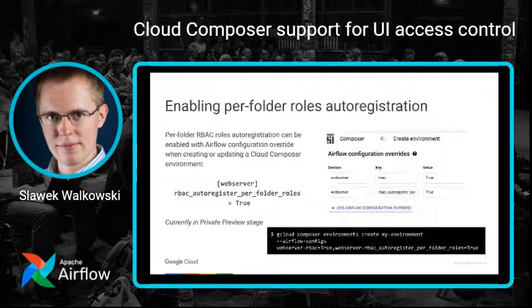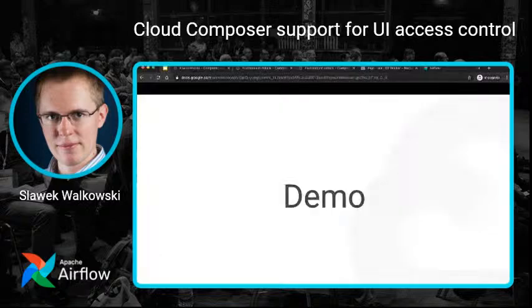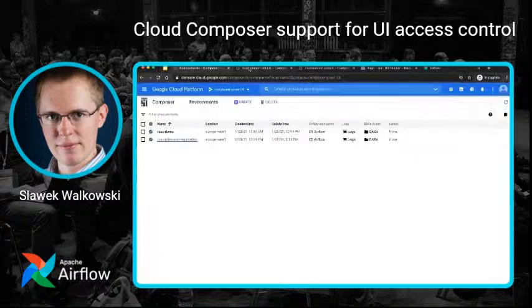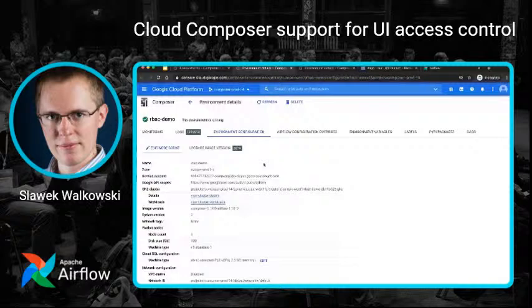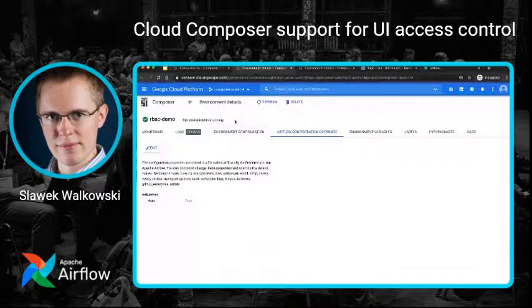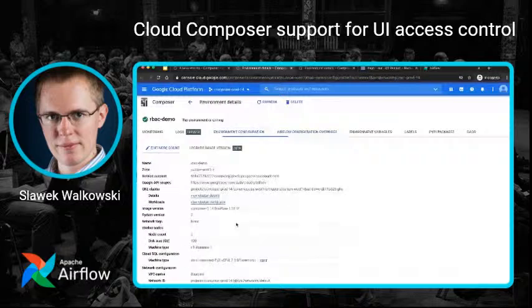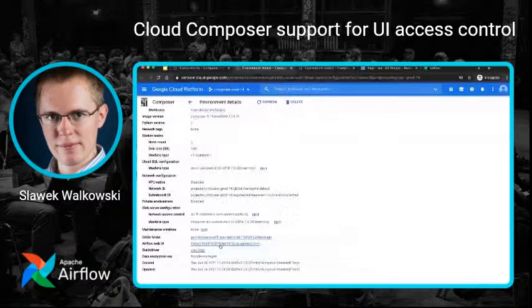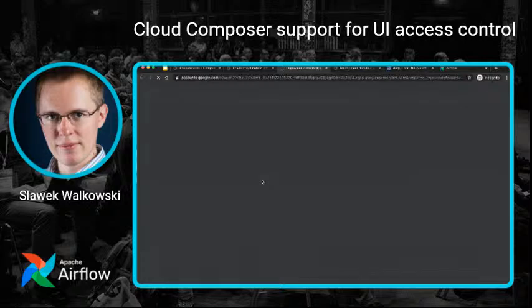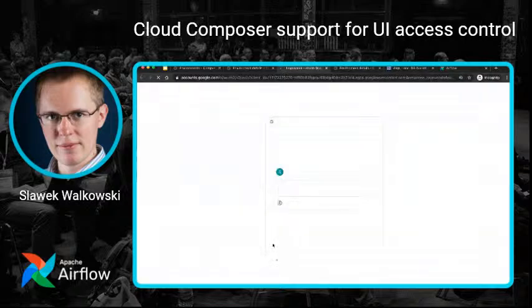All right, I want to do just a quick demo, essentially showing how this works live. In Cloud Composer, in the environment details page, you can see that for an environment that has RBAC enabled, there is this configuration override, and then you access the web UI through the link posted there.